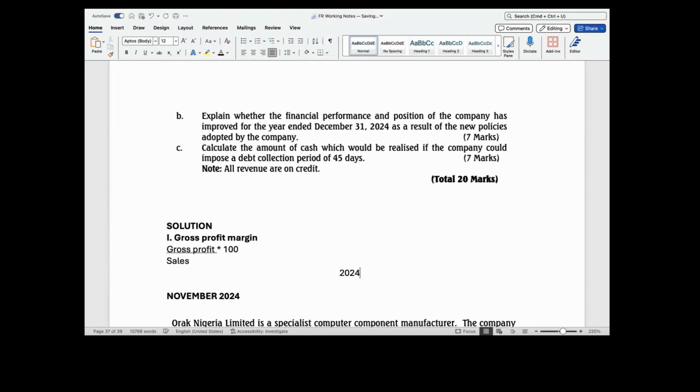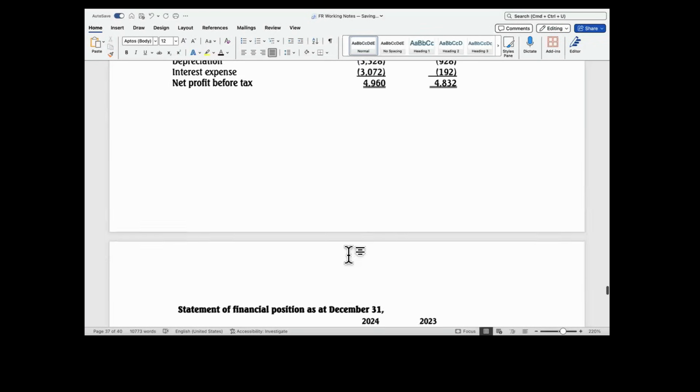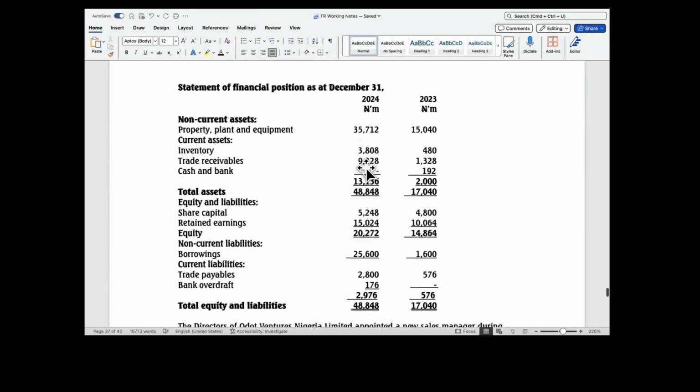So the earlier year comes first, 2023. And I will put the level of rounding of millions, because that's how they gave us the question. So my gross profit, let me go to my P&L. For 2024 is 17,920. For 2023, 8,640.